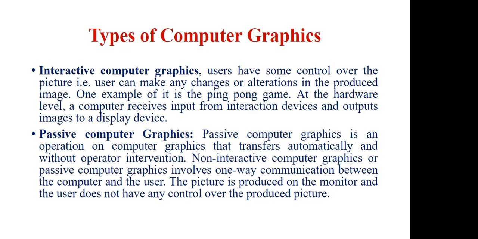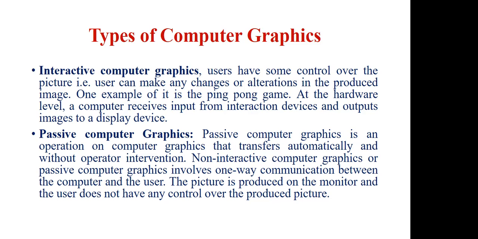Now the second type is passive computer graphics. Passive computer graphics is an operation on computer graphics that transfers automatically and without operator intervention. Non-interactive or passive computer graphics involves one-way communication between the computer and the user. Here the user cannot intervene. The picture is produced on the monitor and the user does not have any control over the produced picture.